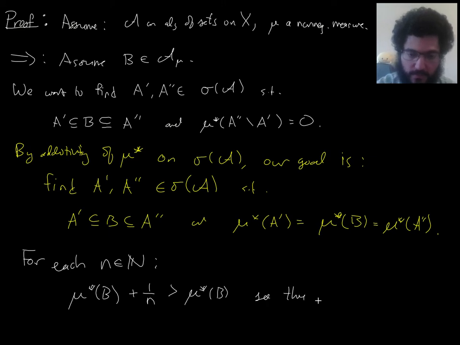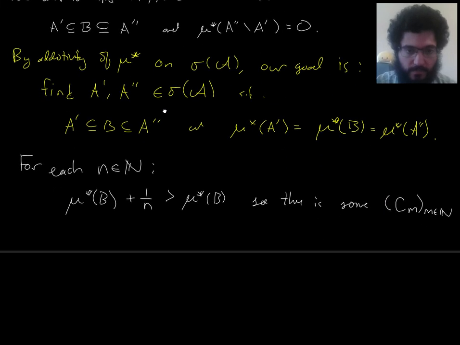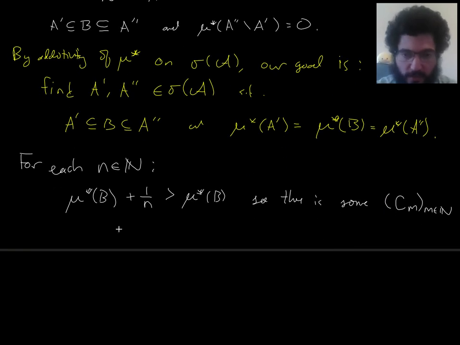So there's some approximation from above of B which is strictly less than this number, right? So an approximation from above, that comes from a countable family. Let's call it C_m, running over natural numbers, which covers B. So this is a countable family, a sequence in the original algebra of sets, such that it covers B. So that means B is contained in the union of all of these.